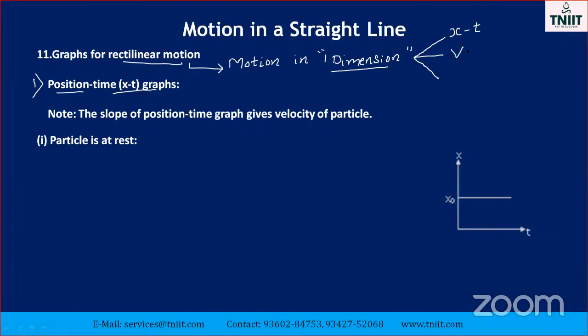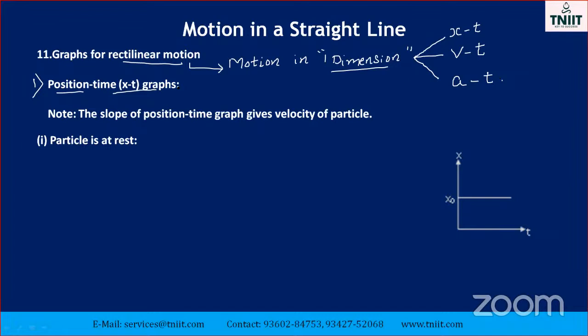The second one is the velocity-time graph, that is the v-t graph. The third one is the acceleration-time graph, the a-t graph. So what are the three different graphs we have in rectilinear motion, students? Position-time graph, velocity-time graph, and acceleration-time graph.